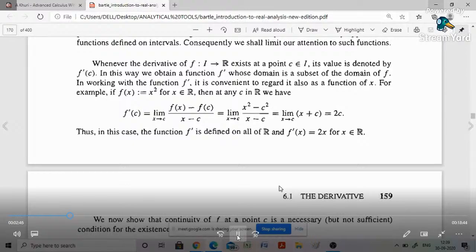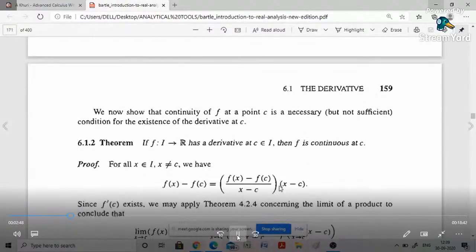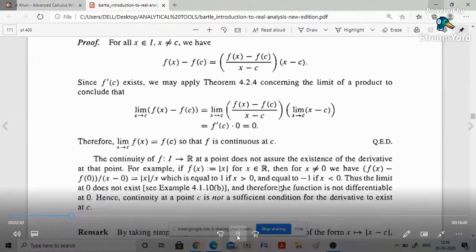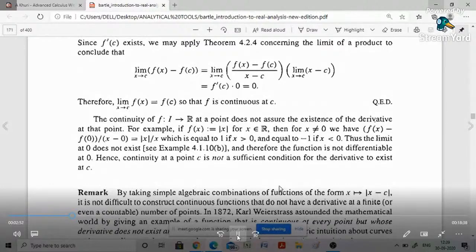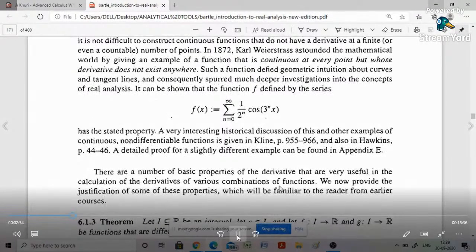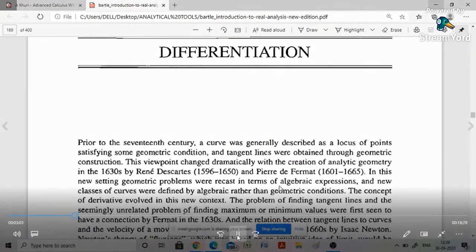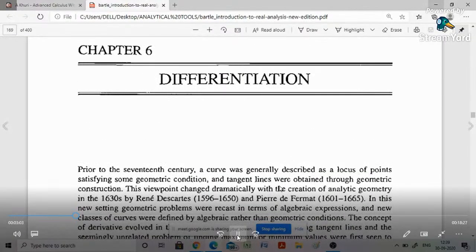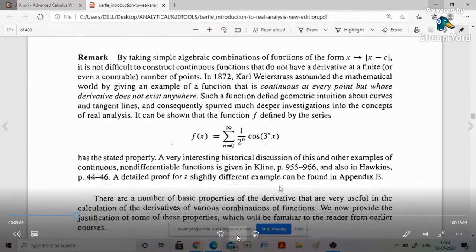You know all these results because you have studied in your degree classes. So you can read this chapter, chapter number 6, differentiation.